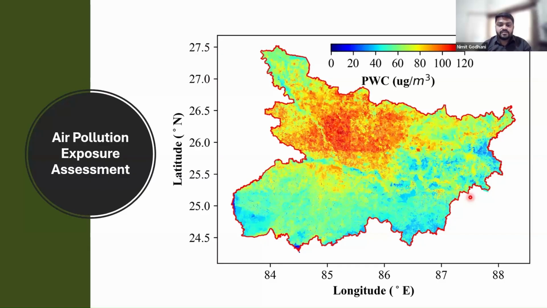You can see the PM concentration that we have assigned as PWC to each village. And clearly you can see the difference between northern Bihar and southern Bihar, quite a difference due to the geography and the population.